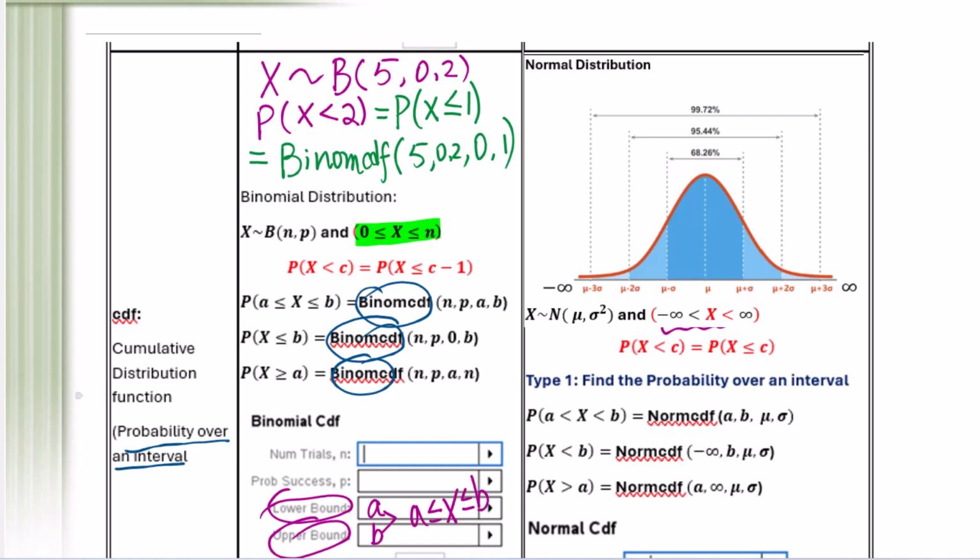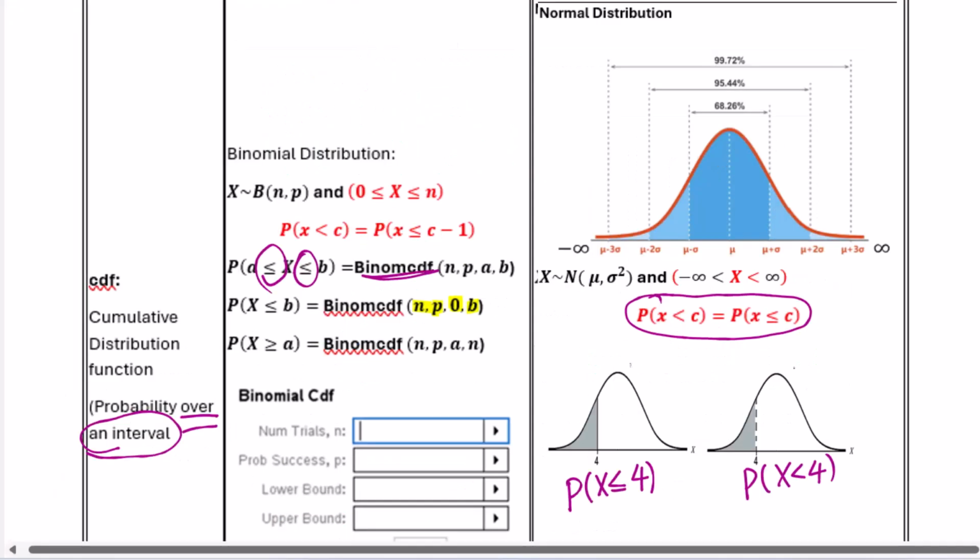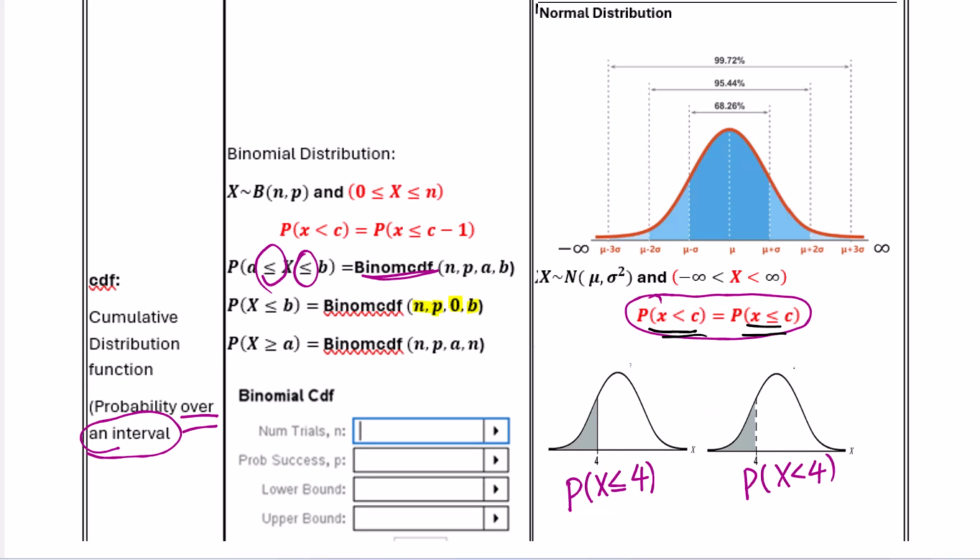Since this is a continuous random variable, the probability of x less than c equals the probability of x less than or equal to c. Why are these two equal to each other? We do know for continuous random variables, the shaded area is the probability.